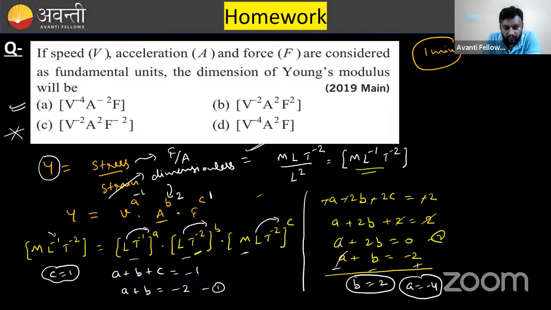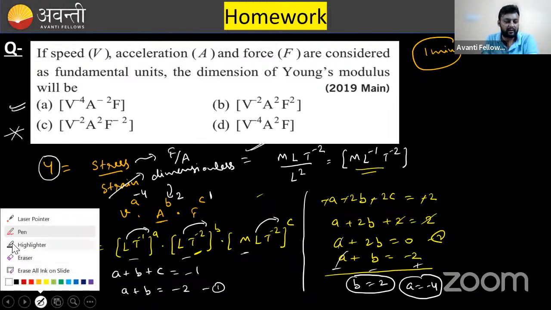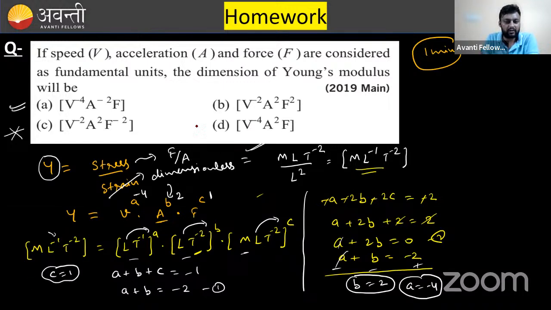So V raised to the power minus 4, A squared, and F, which is our option D. This is correct. Very good, D is correct. Now, Kolhapur, did you find what your mistake is in this particular question? Can you identify it by looking at your solution?